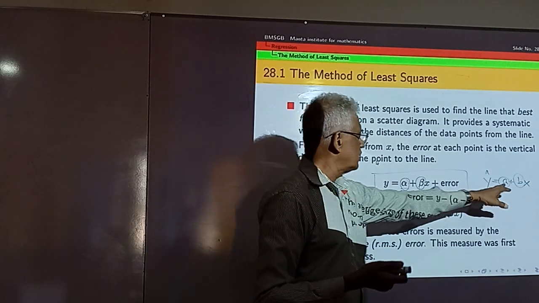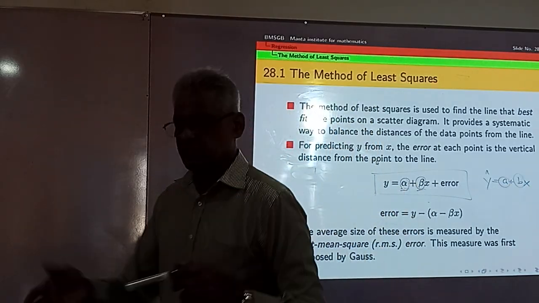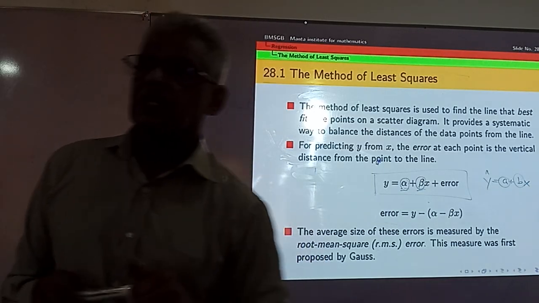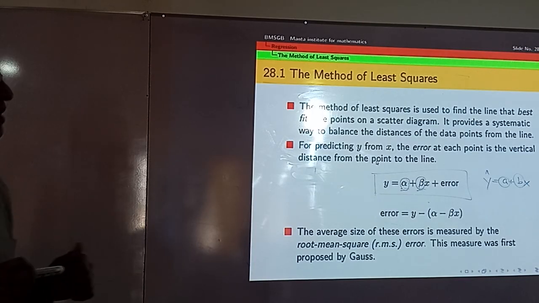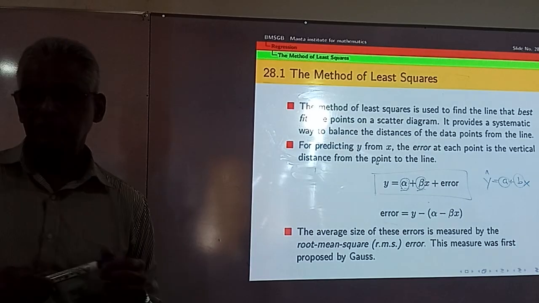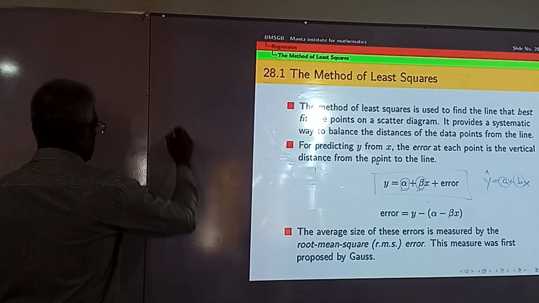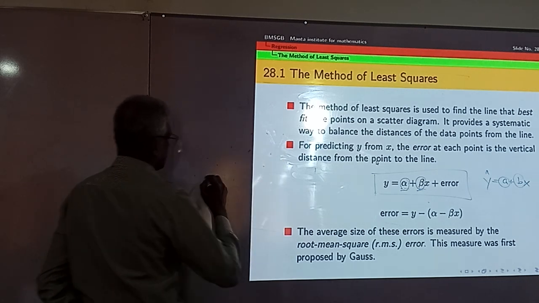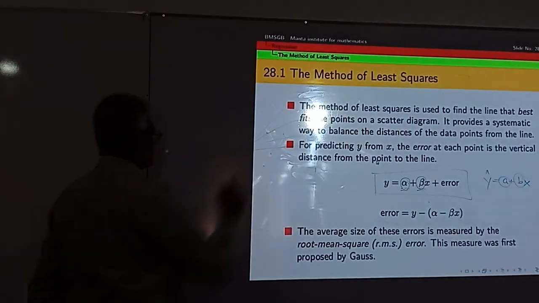In order to find this estimate a for alpha and this estimate b for beta, there are several methods, but the most commonly used methods are the method of least squares and the method of maximum likelihood. In your book, they have briefly described the method of least squares. So in that, when you have a sample of data, we can draw a large number of lines that go through these points.